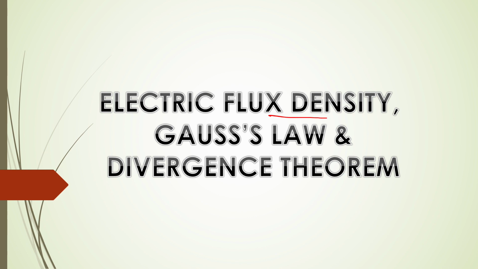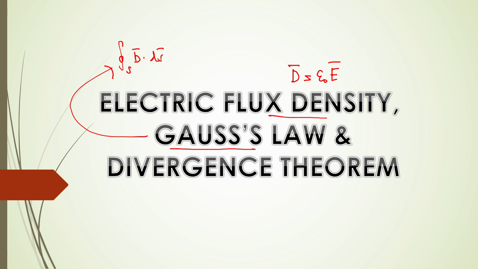I hope by now you already remember the symbol and the applications of Gauss law, where D is equal to epsilon naught E, and the Gauss law formula is given as the closed surface integration of D dot dS is equal to Q enclosed.